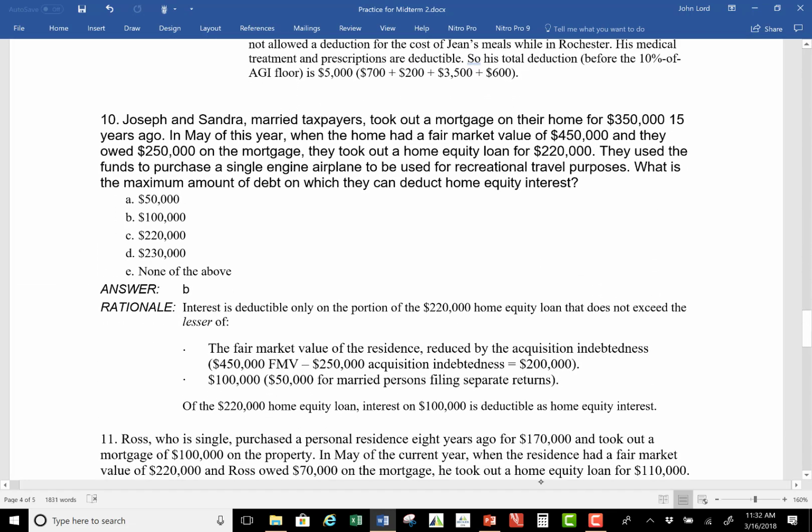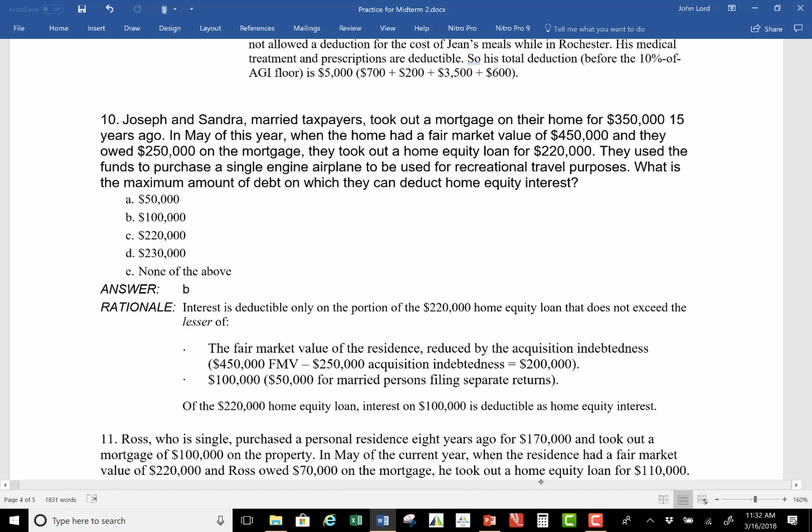Joseph and Sandra, married taxpayers, took out a mortgage on their home for $350,000 15 years ago. In May of this year, when the home's fair value was $450,000, they owed $250,000 on the mortgage, and they took out a home equity loan for $220,000. I just always look at that.